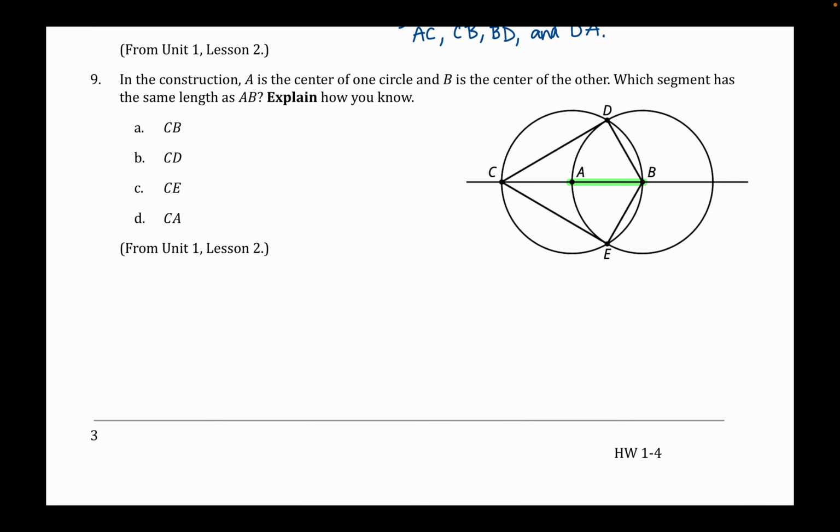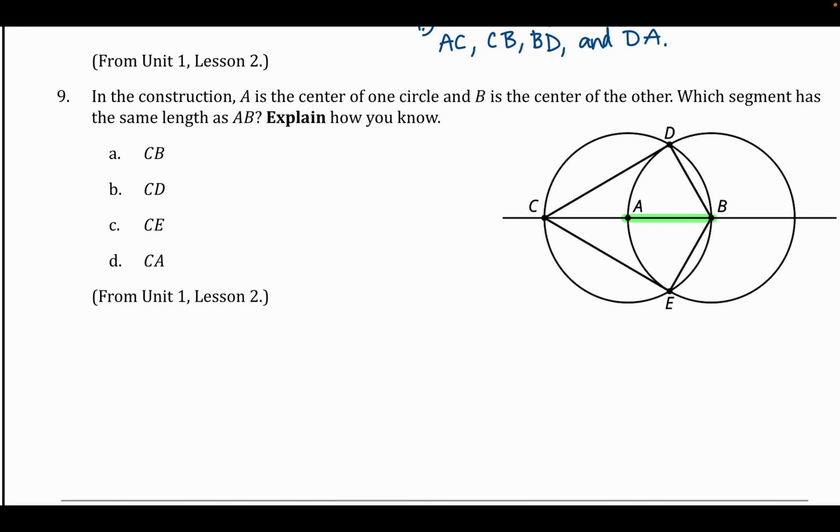So what we're looking at are a couple options here. So first they're talking about CB. So if we look at A, that says CB. Definitely not the same length. Not going to choose that one. Definitely not a radius, because AB is the radius of both of these circles.